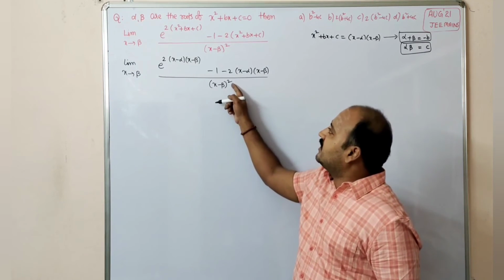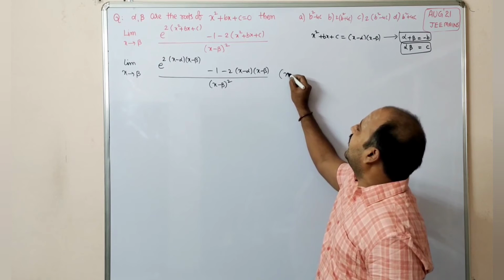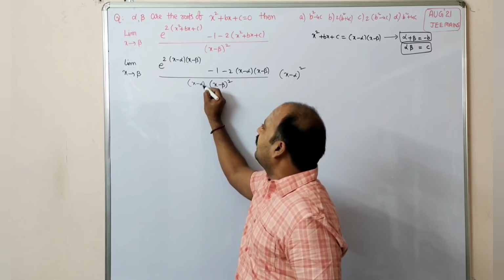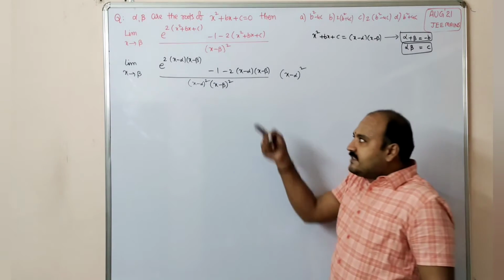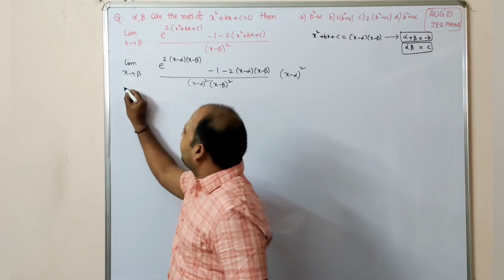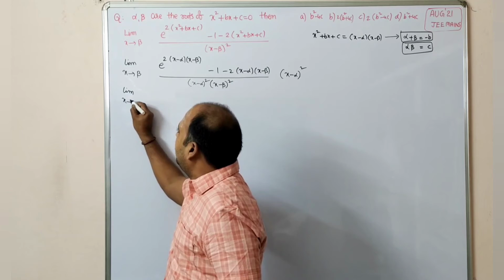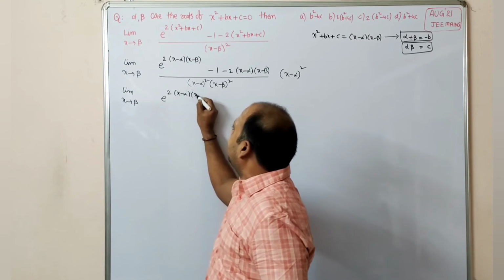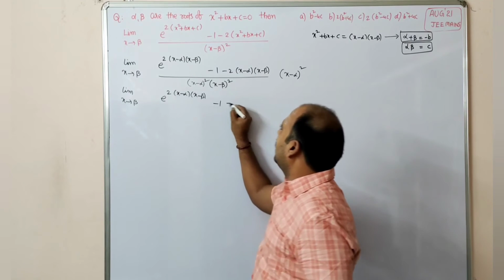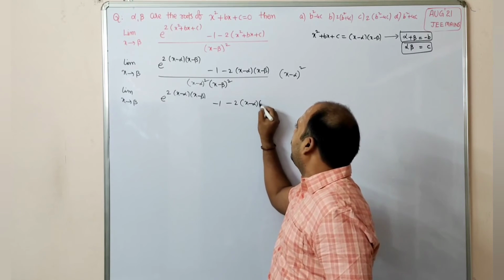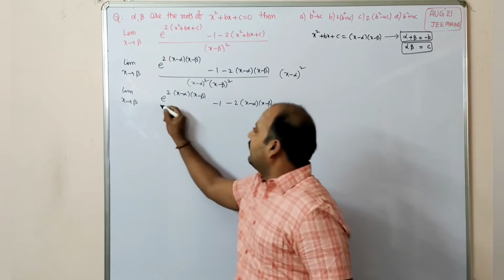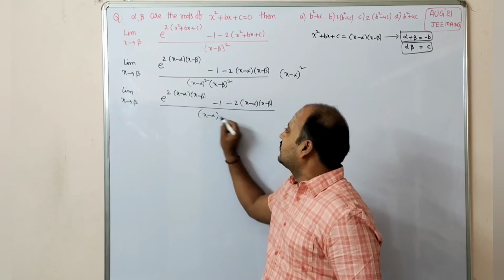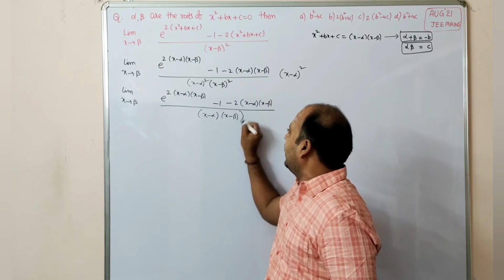Why? Because the square is there. So I multiply and divide by (x minus alpha) whole square. In the next step, the limit x tends to beta of (e power 2(x minus alpha)(x minus beta) minus 1 minus 2(x minus alpha)(x minus beta)) divided by, both are squares now, can we write like this? ((x minus alpha)(x minus beta)) whole square.